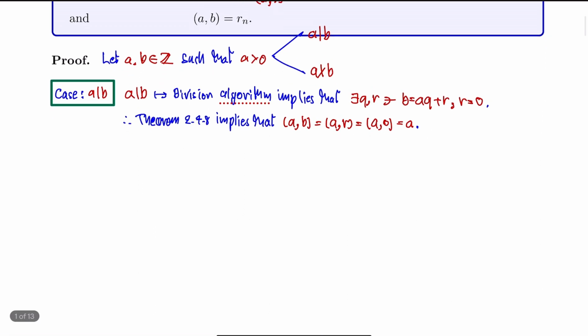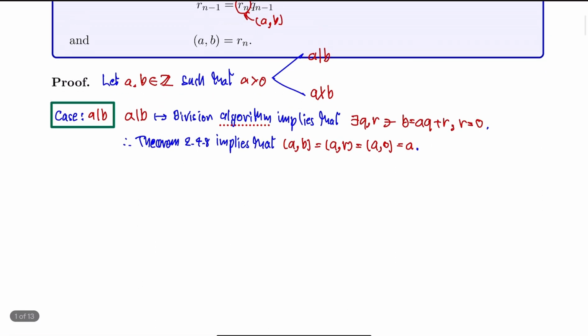And then let's go to the next case. The case where A does not divide B. So what happened in this case?